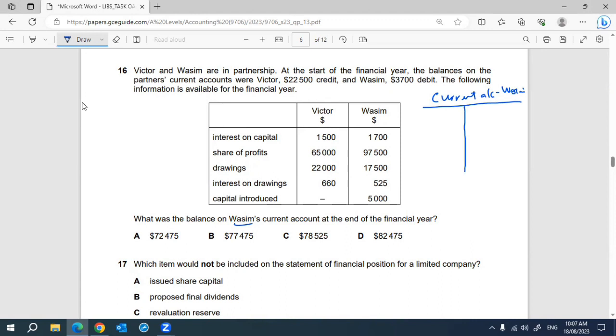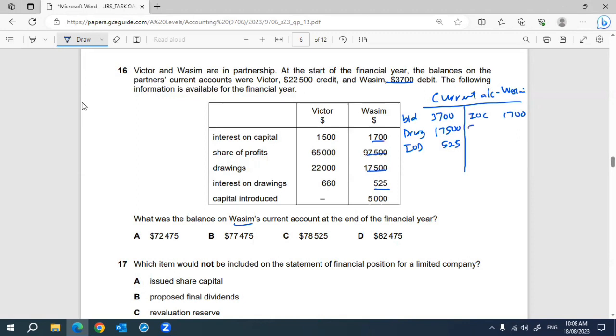So we would now put the information that we know, which is the opening balance being a debit balance, 3,700. So Wasim's drawings, 17,500. And then we have the interest on drawings to be 525. And we have the interest on capital, which should be placed on the credit side, 1,700.